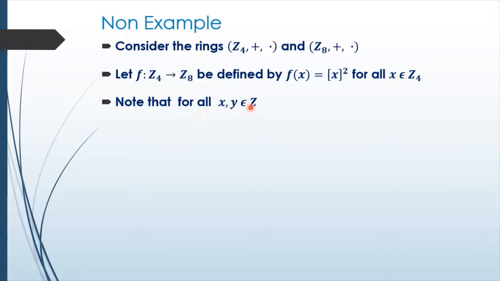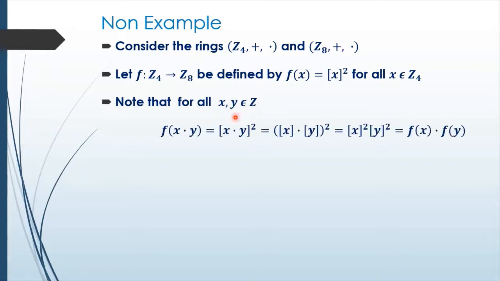Note that for all x comma y belonging to Z4, f of x into y is equal to x into y whole square, which is nothing but class x into class y whole square, that is class x square into class y square, which is equal to f of x into f of y. To view this numerically, we can note that the elements of Z4 are class 0, class 1, class 2 and class 3.